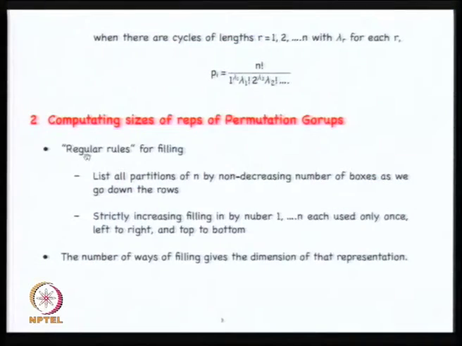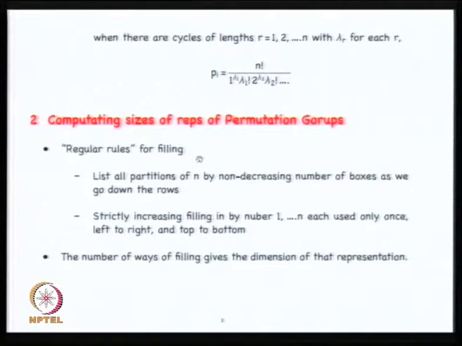I am sorry for the word regular occurring too often, but this is what the books write, so to remain in consonance with them, I have written this. The two books I have referred to are Hammermesh, which really has everything, although because it has so much material, I think he did not have time to be too systematic about the presentation, so things are really running into each other.